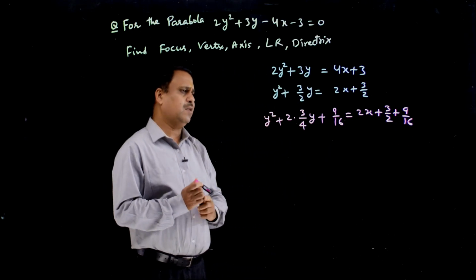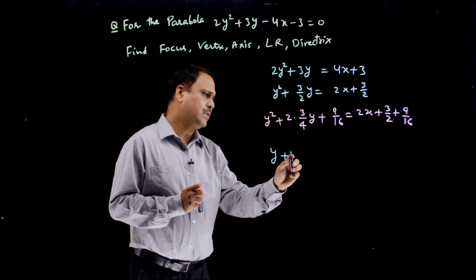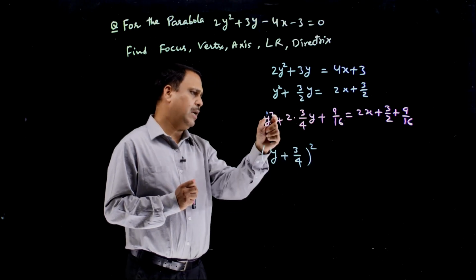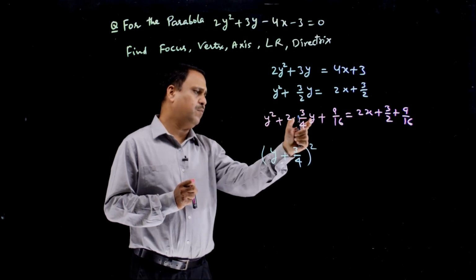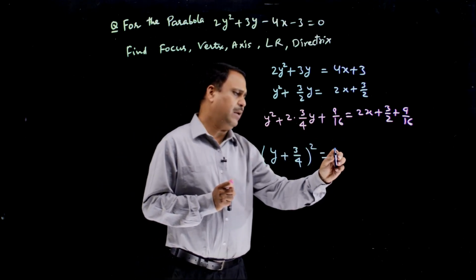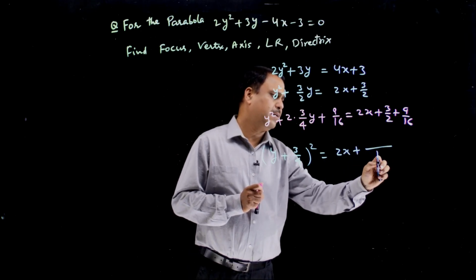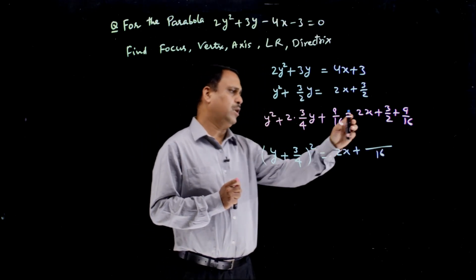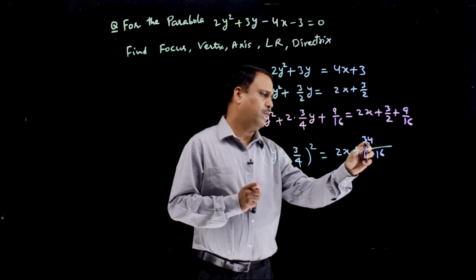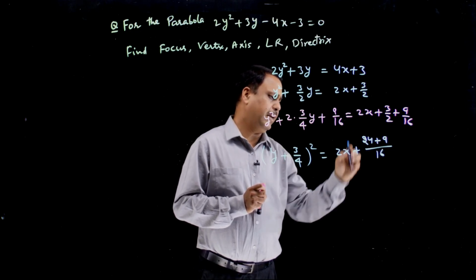So this can be written in the form of (y + 3/4)², a² + b² + 2 times their product, is equal to 2x plus... We can take the LCM there. 16 is the LCM. 8 into 3 is 24, 24 plus 9 is 33.